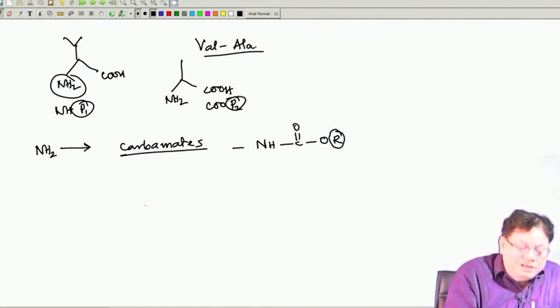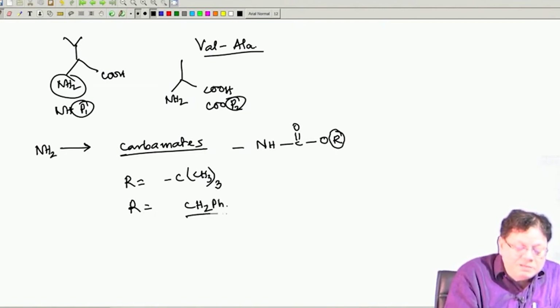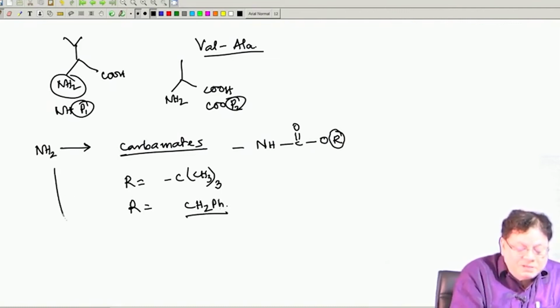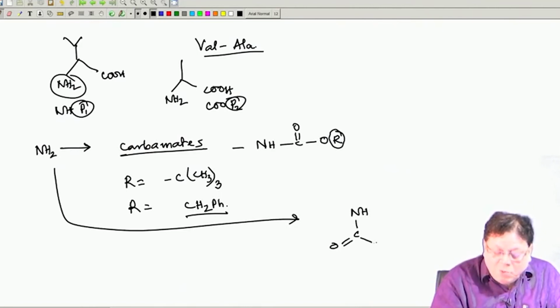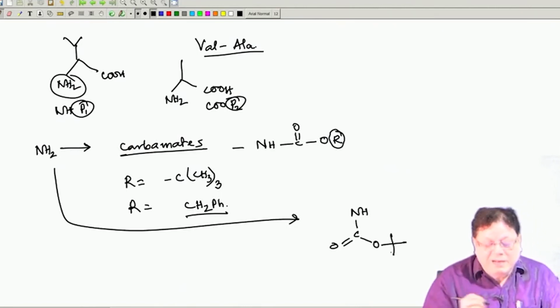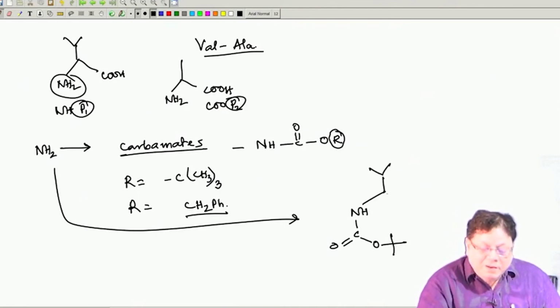So, based on this, you have R equal to T-butyl, tertiary butyl. That is one, and the other one is CH2Ph. That means the amine is converted into NH, then CO, then O, then T-butyl, written like this, and this is your valine.